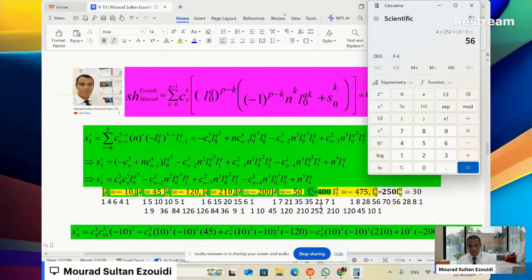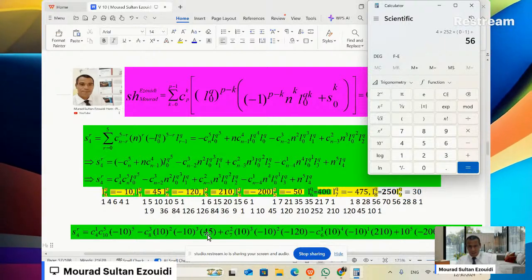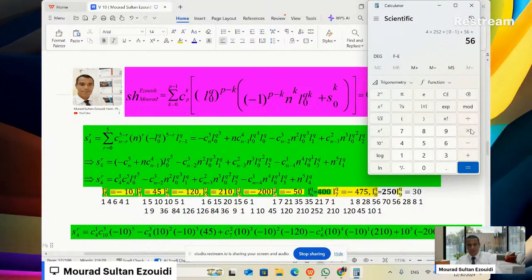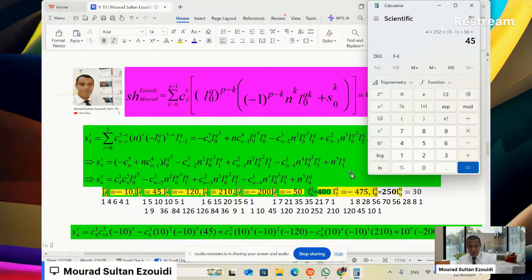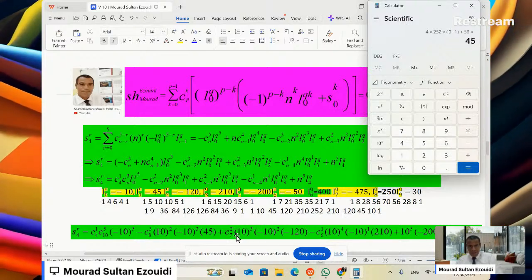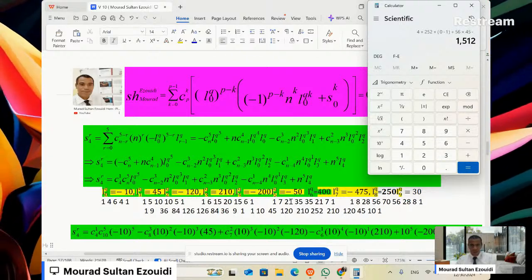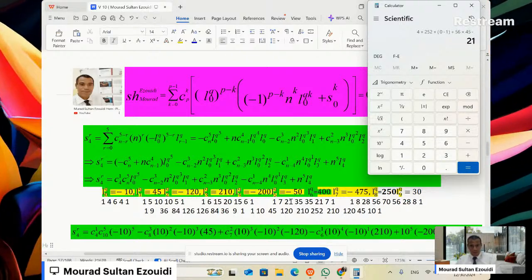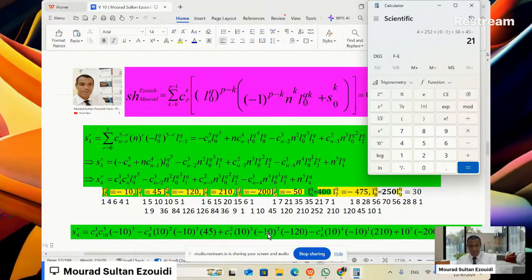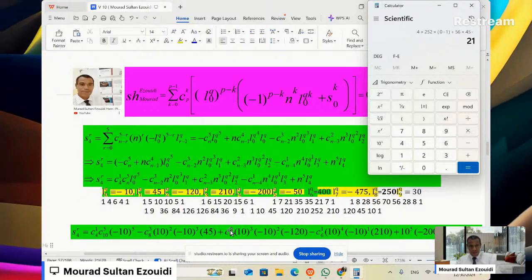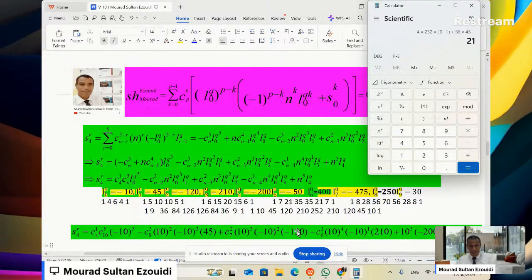56 times 45. Then minus 7 choose 2 is 21. Multiply by what? This is minus, followed by minus is minus. 7 choose 2 is 21.